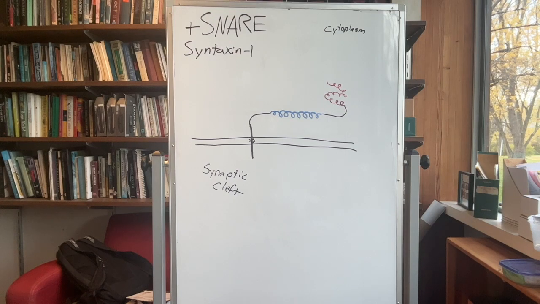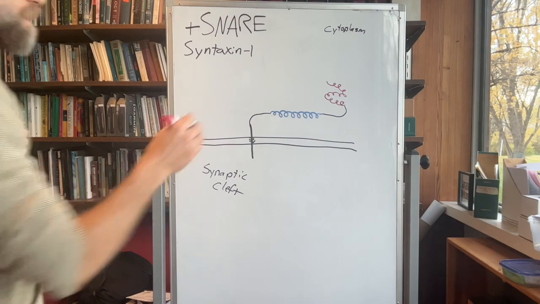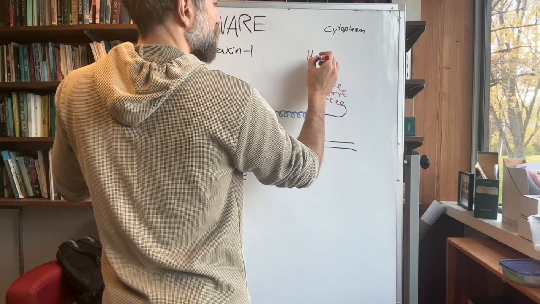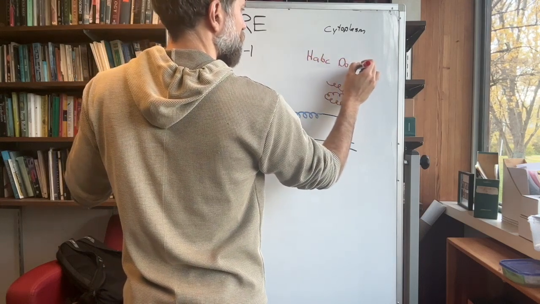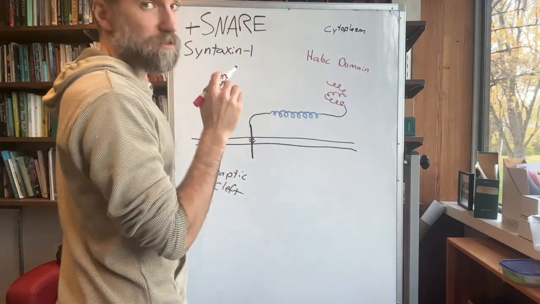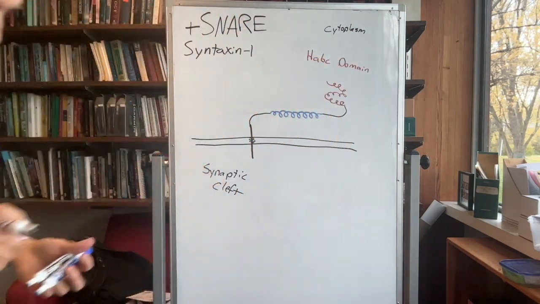This little bit here, the triple alpha helix, is called the Habc domain, and we'll see its functional significance shortly.